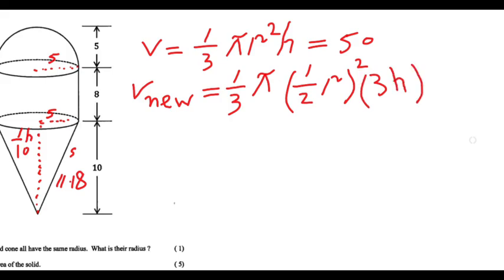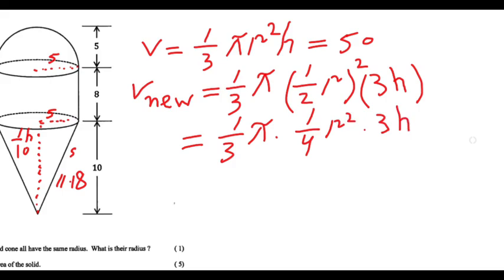Now I need to modify this formula. So 1 over 3 π I'm going to leave just like this, and this becomes multiplied by 1 over 4 r squared and multiplied by 3h.